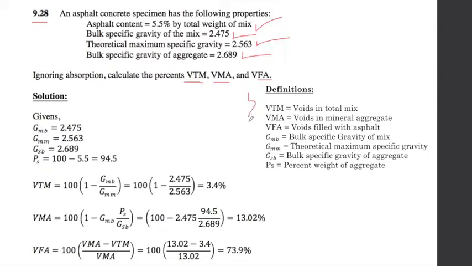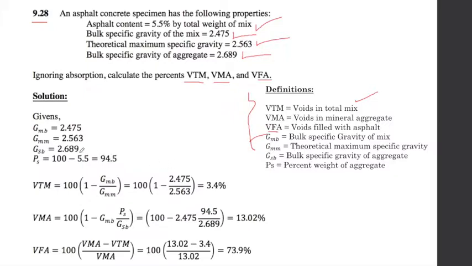Just some definitions here. VTM stands for the voids in total mix. VMA stands for the voids in mineral aggregate. VFA stands for voids filled with asphalt. From the problem statement, we were given that GMB equals 2.475, which is the bulk specific gravity of the mix.